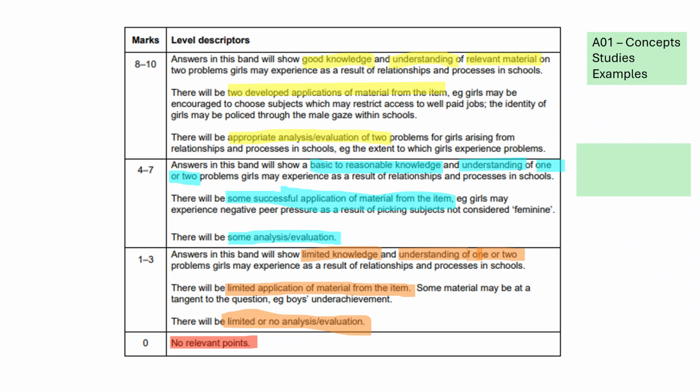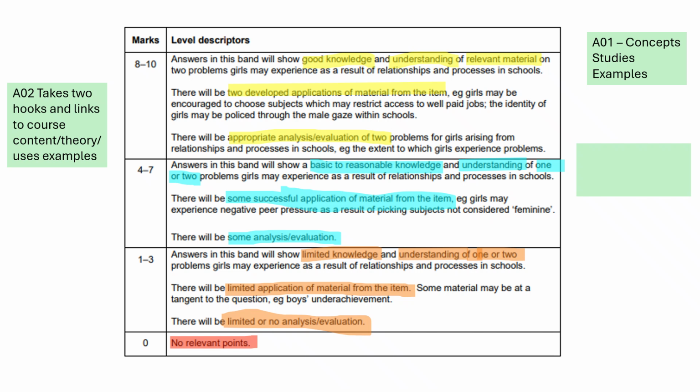Basically, if you want to show good knowledge and understanding of the relevant material, you've got to link your hook that you've picked from the item to relevant concepts, studies and examples. It's got to have a good knowledge and understanding of relevant concepts, relevant theory, relevant studies that support the claim made in the question.